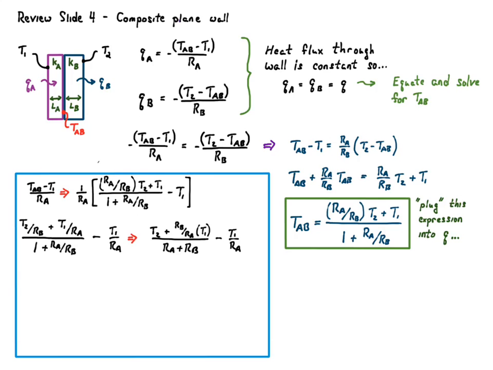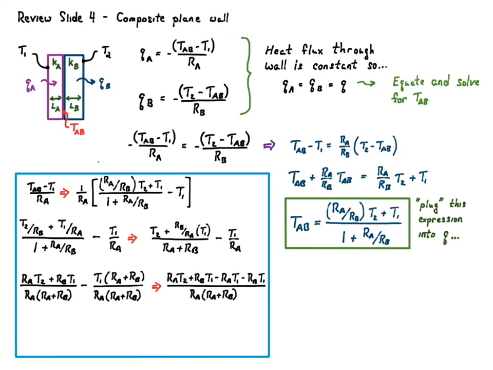And in this case, we've simplified terms by multiplying through by RB. Now we're cleaning up some terms, making a single common denominator, which now allows us to combine the two parts, and now we can eliminate two terms and divide through by RA, giving us our final expression.